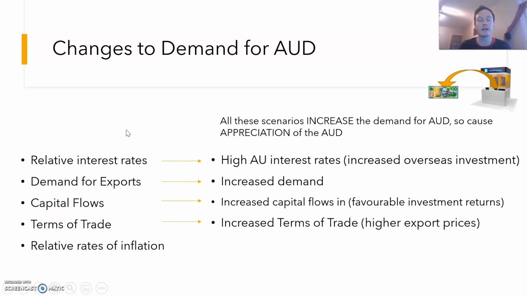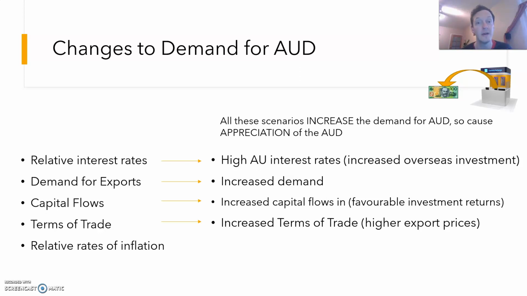Terms of trade, this is where it gets a little bit trickier because terms of trade is one of those tricky concepts. But essentially, what's going to cause an appreciation of the exchange rate caused by terms of trade on the demand side? It's going to be an increased terms of trade from higher export prices. Now, what this means is, let's say before it cost our overseas customers $100 a tonne to buy coal, and they want to buy 1 tonne.